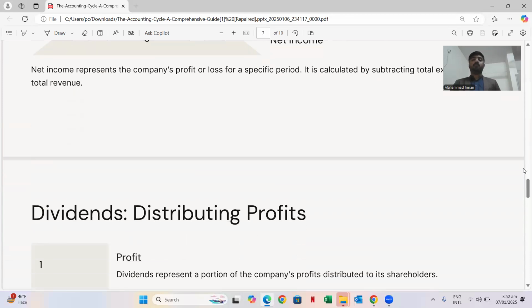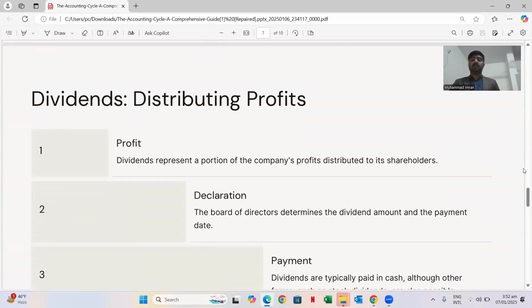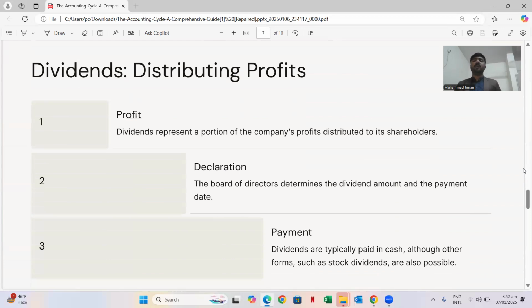So now we move toward the dividends. Dividends are issued by a company when they have a certain amount of profits. These dividends are declared by the board of directors at certain dates, stating that this much amount of dividends is going to be paid to the stockholders or shareholders.